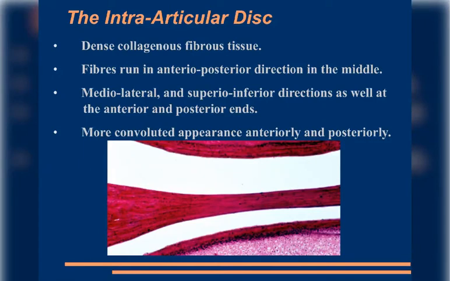The intra-articular disc is dense collagenous fibrous tissue. Fibers run in the anterior-posterior direction in the middle, and in mediolateral and superior-inferior directions as well at the anterior and posterior ends. So we find the anterior-posterior direction for the fibers in all parts of the disc.